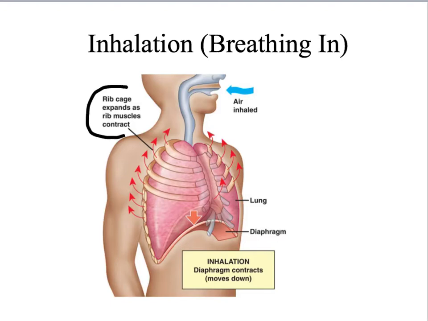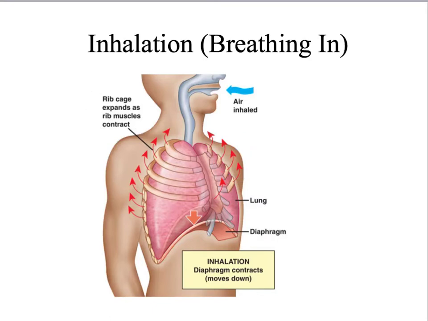As you can see here, the intercostal muscles contract, and by doing that they squeeze together the rib cage, so each rib gets closer together. And what that actually means is that the whole rib cage moves upwards, as you can see by these little red arrows here. By doing that it increases the amount of space that we have inside the chest or the thoracic cavity, meaning the lungs are then able to expand with the air coming in.